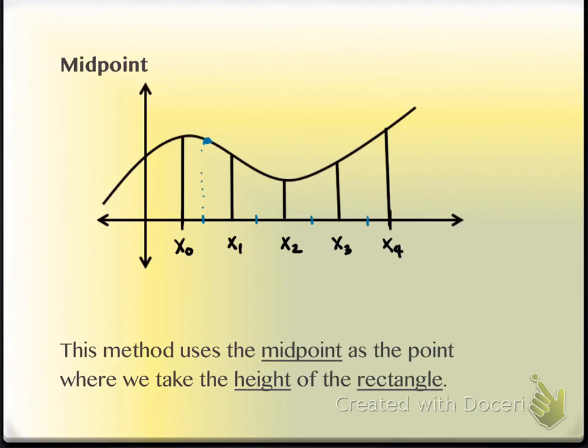this point right here, it's not a very good dotted line up, but imagine. That point right there is my height for my rectangle now. And this point about right here is the height for this rectangle. And this point right here is the height for this rectangle.